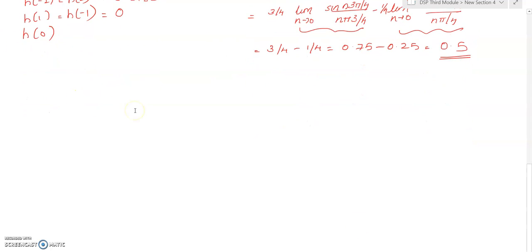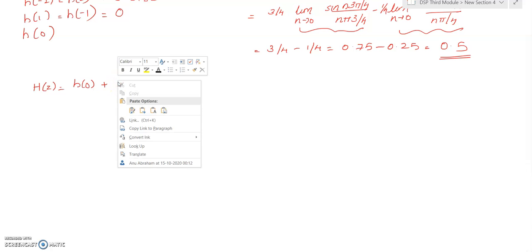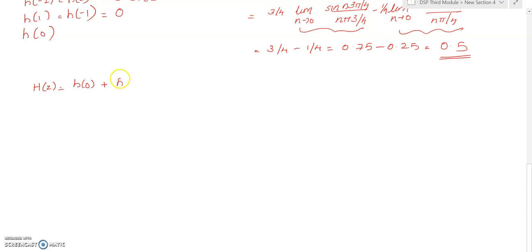Now, as you are supposed to find out, h of z will be given by h of 0 plus summation n equal to 1 to n minus 1 by 2 h of n times z raised to minus n plus z raised to n. So when we solve this particular thing, your h of 0 will be there, and only h of 2 is available in that particular format.